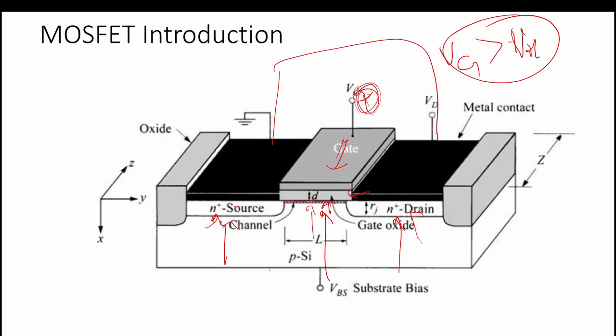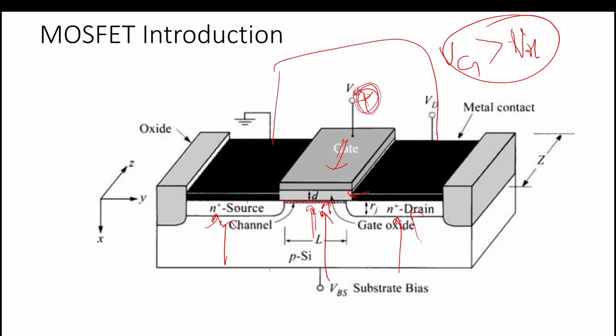This channel has a very high density of electrons. It is very thin, say 1 to 2 nanometers in thickness, and this channel connects the source and the drain.